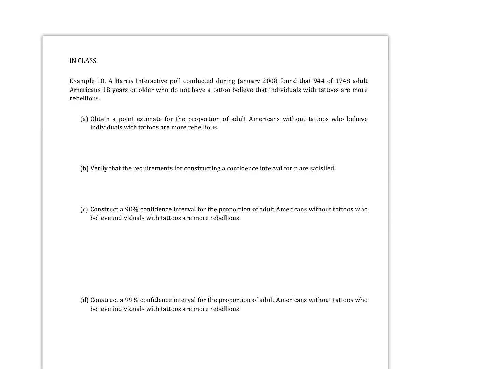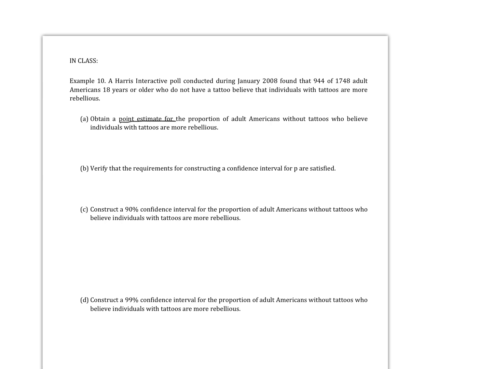All right. A Harris Interactive poll conducted during January of 2008 found that 944 of 1748 adult Americans 18 and older who do not have a tattoo believe that individuals with tattoos are more rebellious. A says, obtain a point estimate for the proportion of adult Americans without tattoos who believe individuals with tattoos are more rebellious. So this gives us a hint, right?